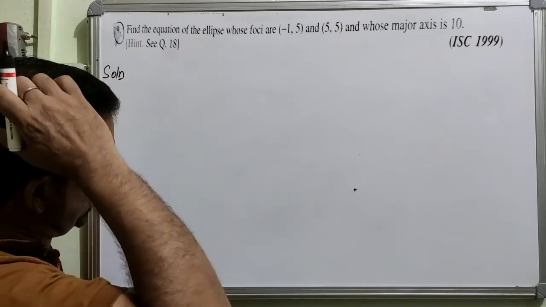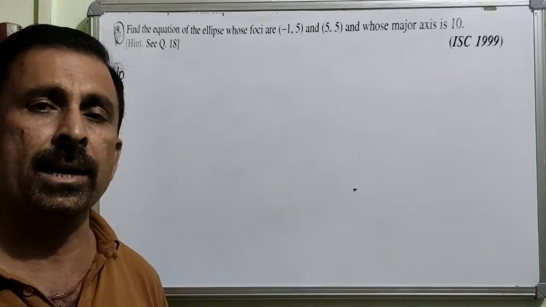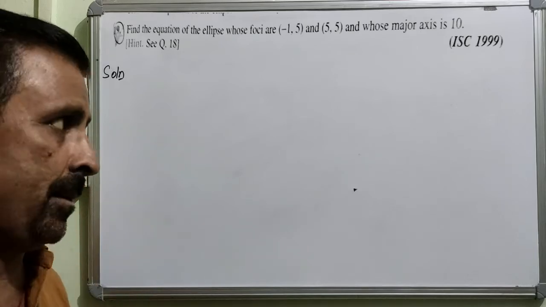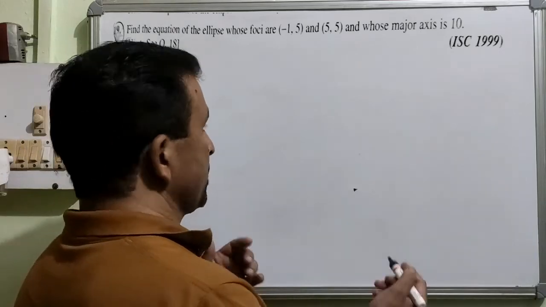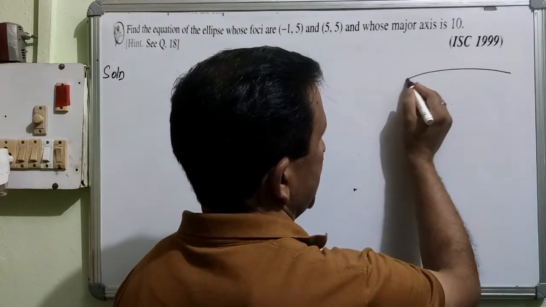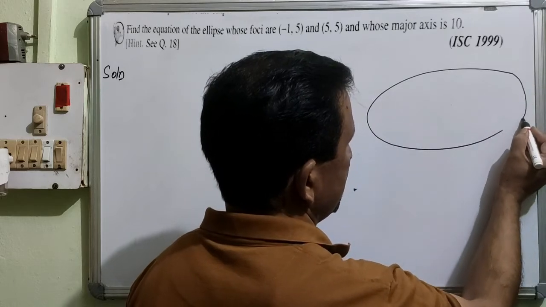The vertex form of the ellipse is (x minus h) whole square over a square plus (y minus k) whole square over b square is equal to 1. We know this formula. You have seen it in the previous question also. So first of all, let me draw the diagram. The diagram will speak to us very clearly. This is your ellipse.